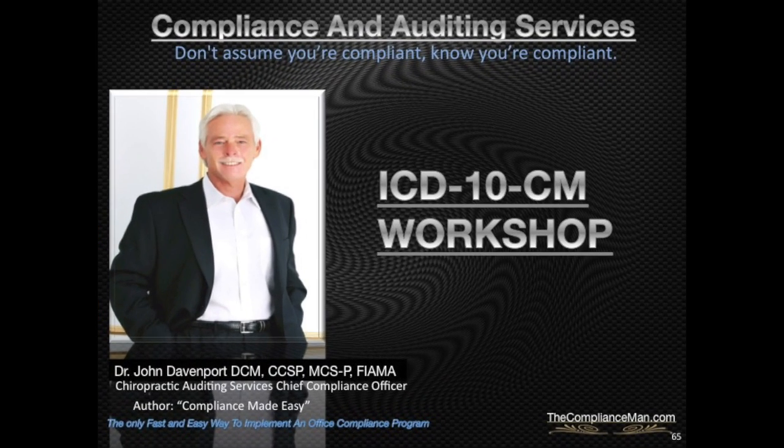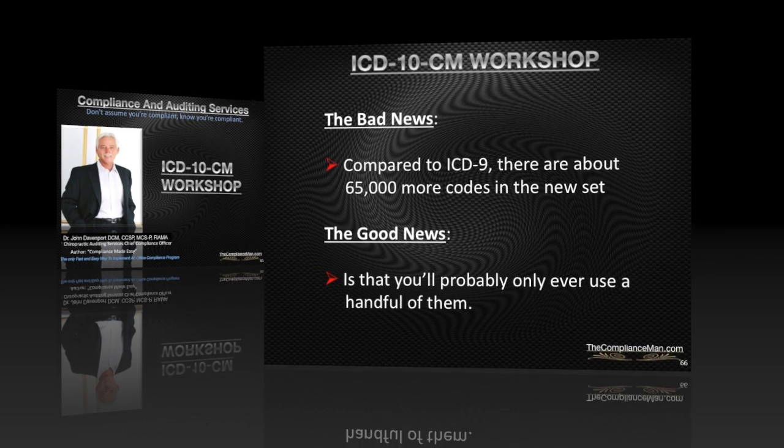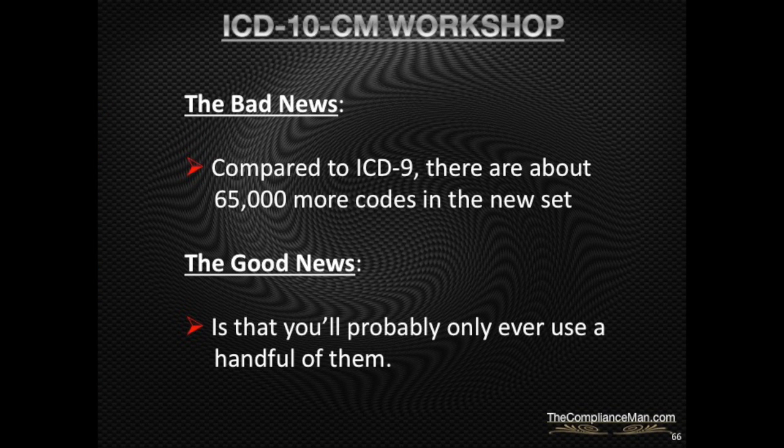So now let me show you how you can easily find the codes that you're going to want to use in your office. The bad news is that compared to ICD-9, there are about 65,000 more codes in the new code set. But the good news is that you're probably only ever going to use just a handful of those codes.